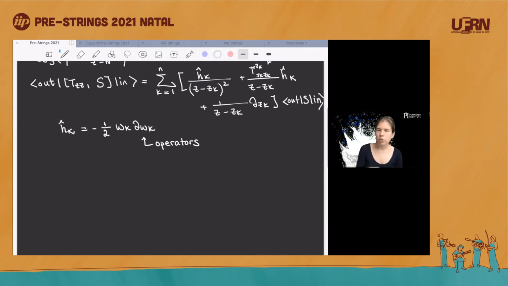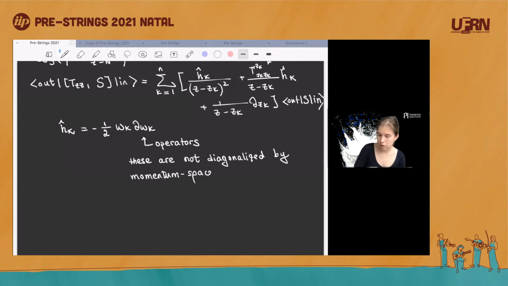And if one just uses the usual S matrices, which are typically computed in a basis of momentum eigenstates, one will immediately notice that these are not diagonalized by these momentum space scattering amplitudes.